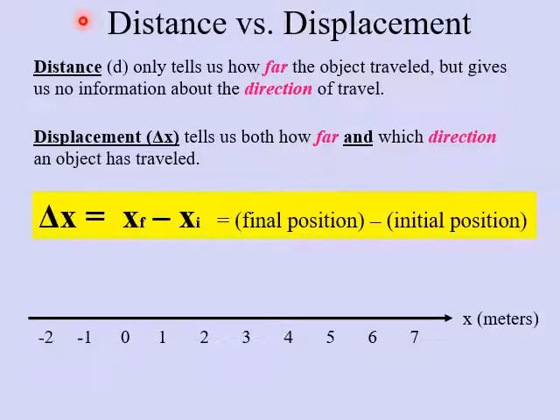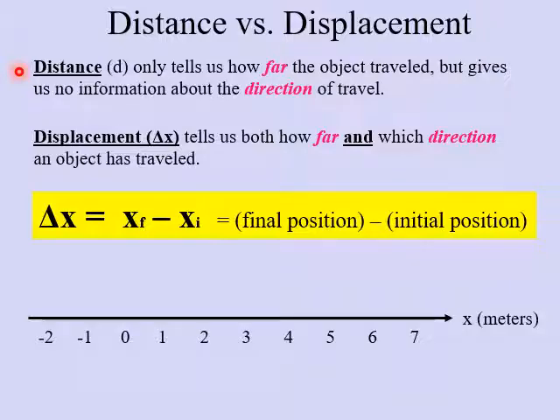Let's now take a look at something called displacement. So far, we've been just talking about pure distance. There's something called displacement that actually is a little more meaningful to us. Distance, or d, only tells us how far the object has traveled, but doesn't give us any information about the direction of travel. In other words, was the object traveling to the right, or was it traveling to the left on our axis?